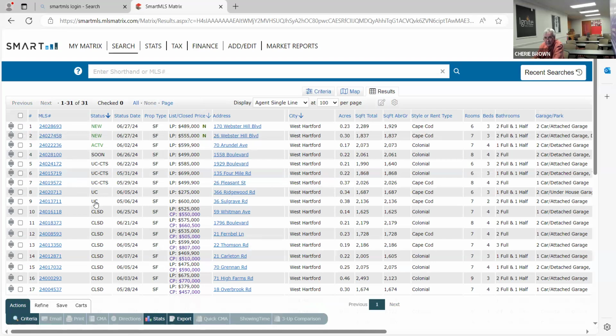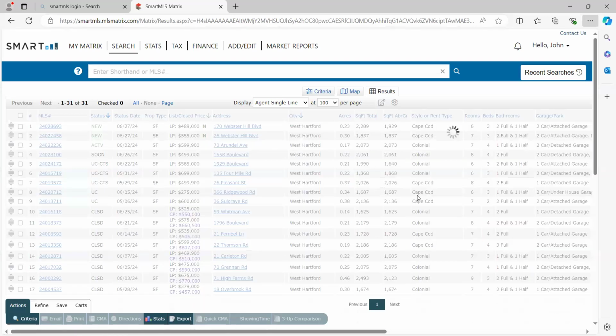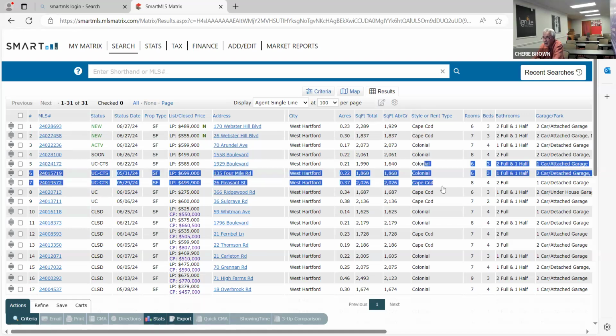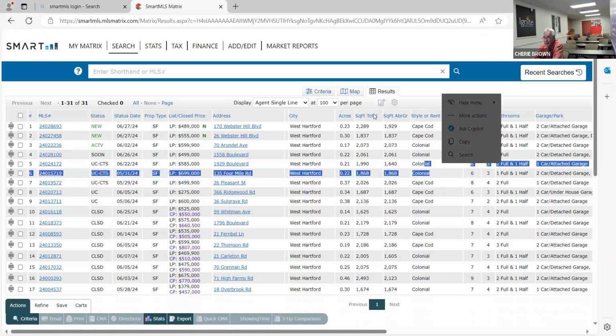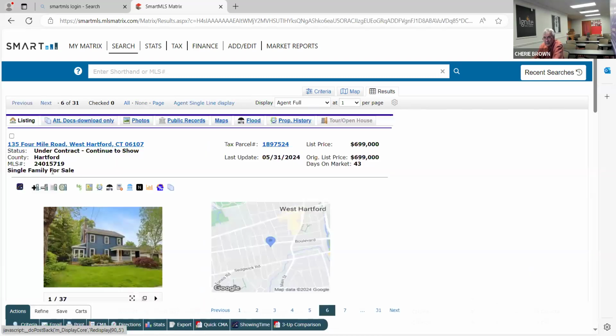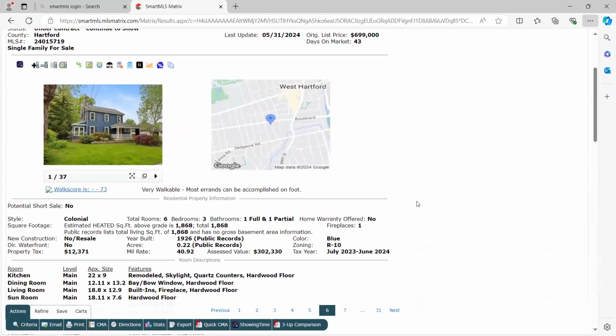But if I go now to these under contracts to show, got this Boulevard. You see this, 4 miles right in the center of town. 1868, so it's almost identical size to ours.